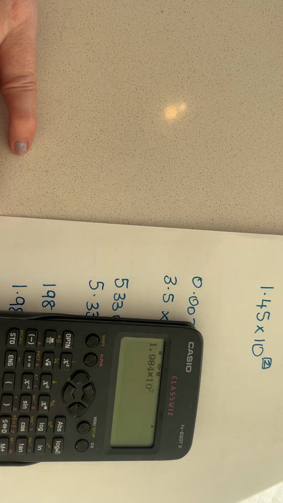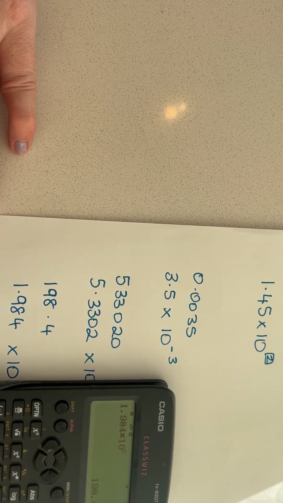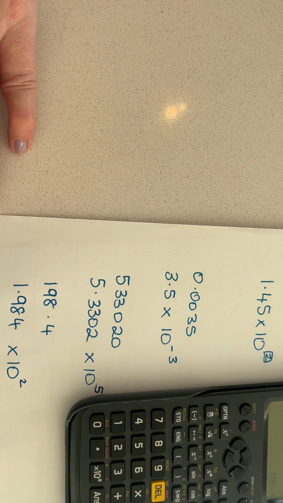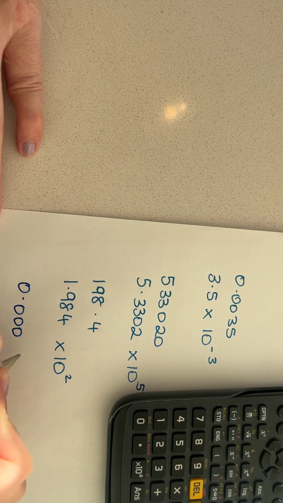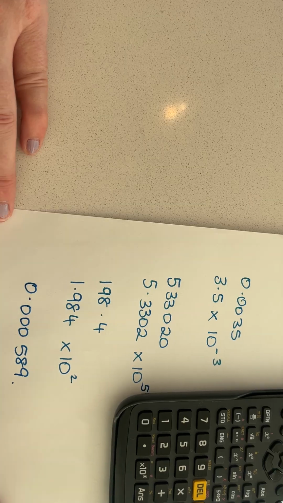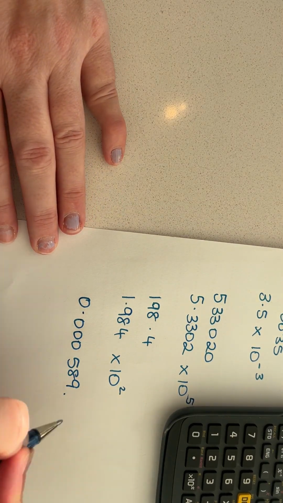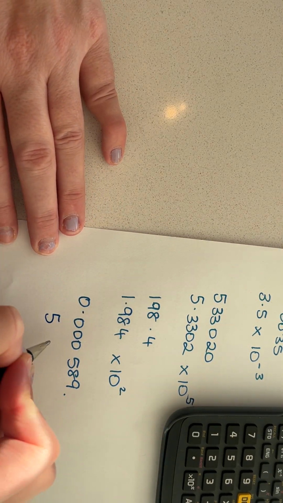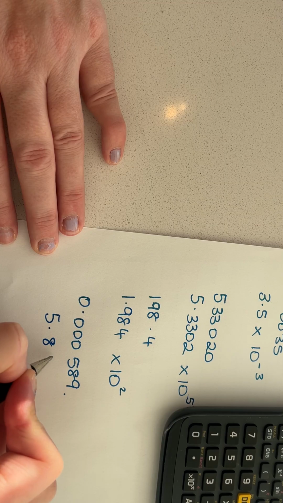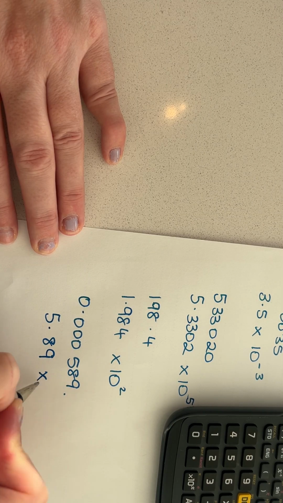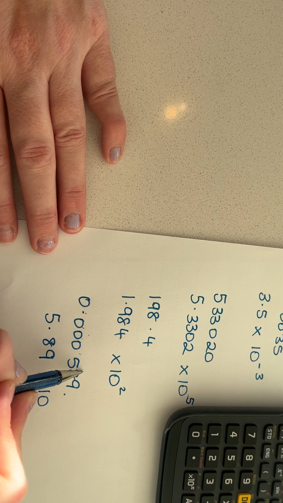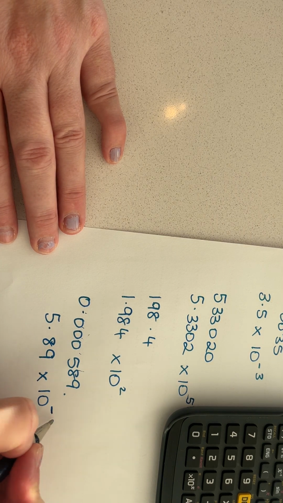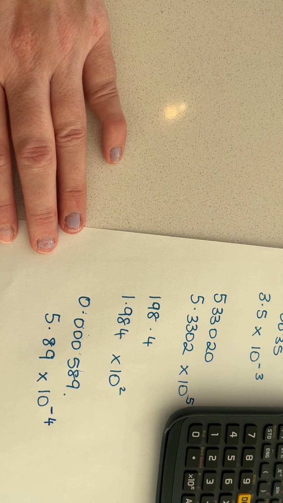They should be the same thing. Perfect. 10 to the power 2. And the very last one, 0.000589. Again, get my start marks by putting the decimal point in between the 5 and the 8. And I move the decimal point 1, 2, 3, 4 places this time. So check it out, minus 4.